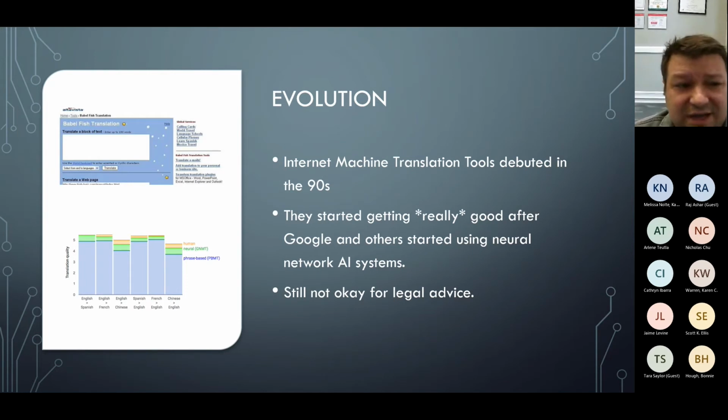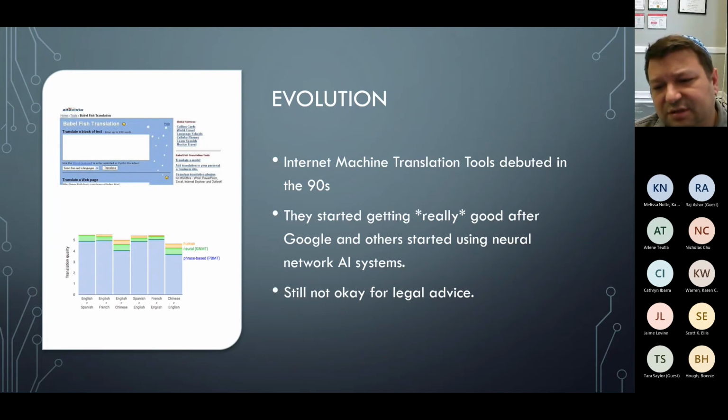In the 2010s, however, Google and other companies started switching to using something called a recurrent neural network. And the improvement in the quality of these translations was just incredible and very noticeable. Google Translate today is still, I would say, not appropriate for use in translating legal advice because of the nuance and complexity of legal concepts. However, it's very useful in other contexts like social conversations.